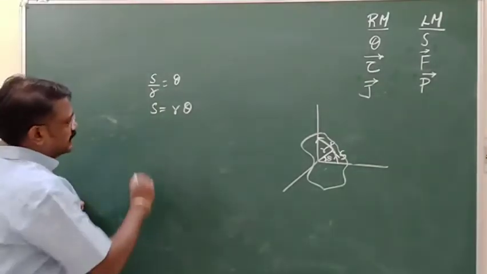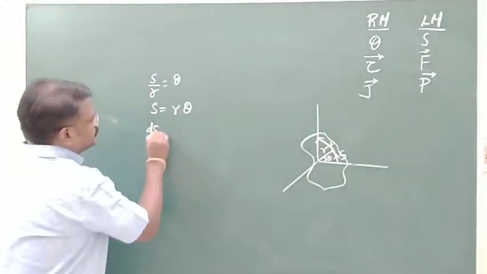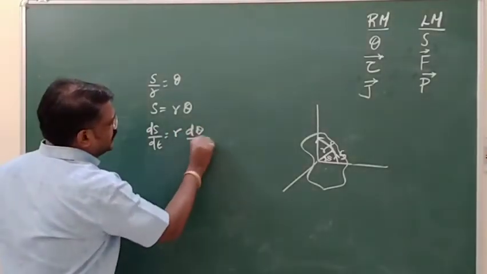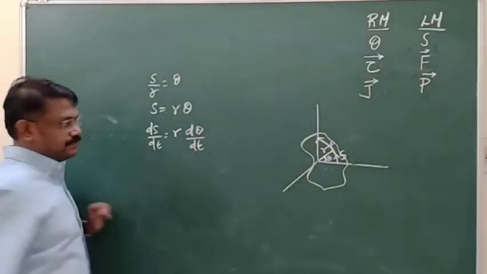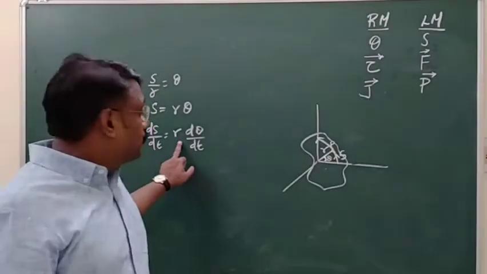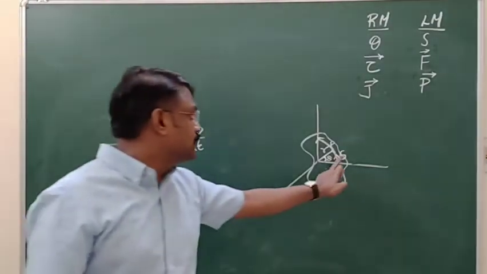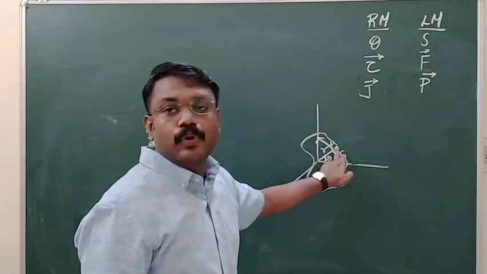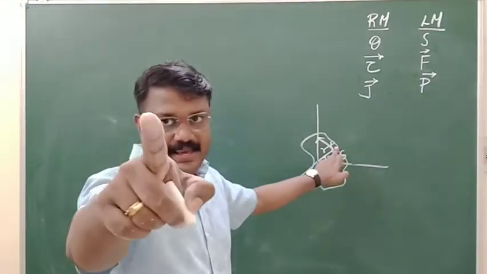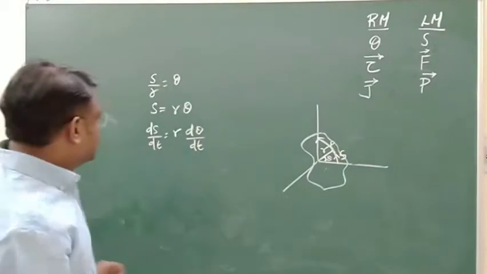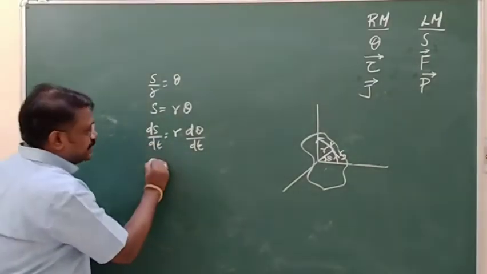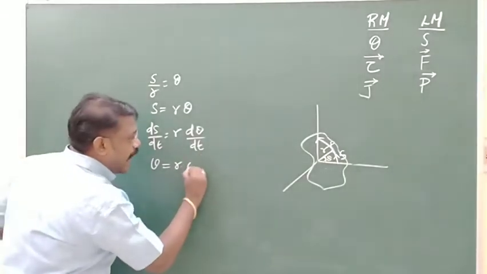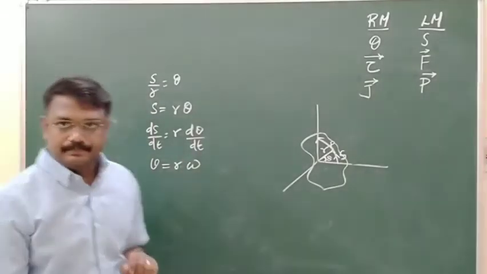When you differentiate this, ds by dt is equal to R into d theta by dt. Why is R not differentiated? R is constant, because R is the distance from the axis of rotation to that fixed point, so R will not change since it is a rigid body. So what is ds by dt? Linear velocity v, which is equal to R into d theta by dt, the angular velocity omega.